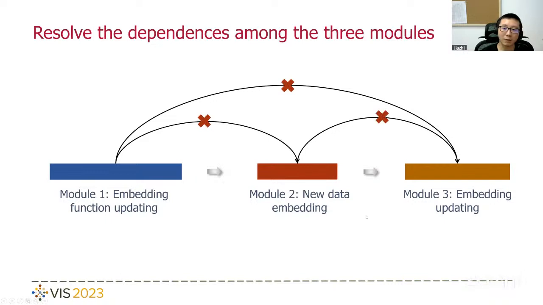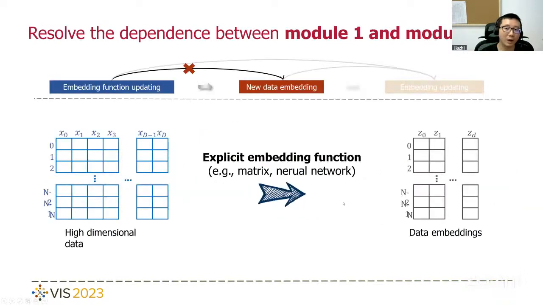So the key of the parallel framework is to resolve the dependence among them. With our parametric dimensionality reduction approach, we can embed the new data points with the explicit embedding function. Note that if there is no large change in the embedding function, we can use the current embedding function without frequent updating.